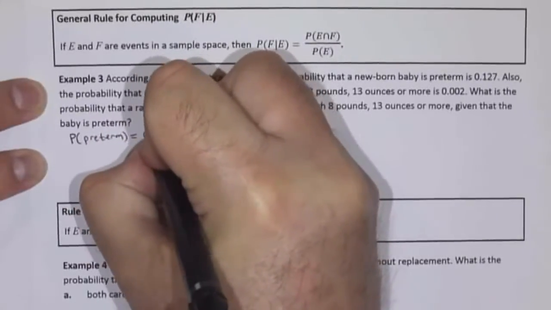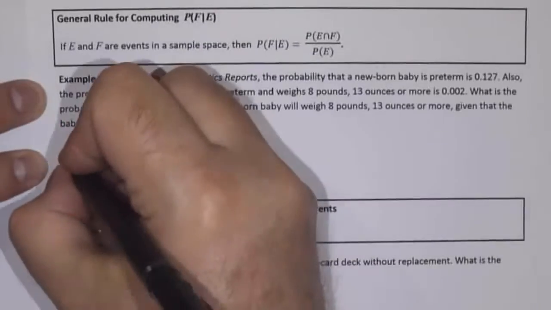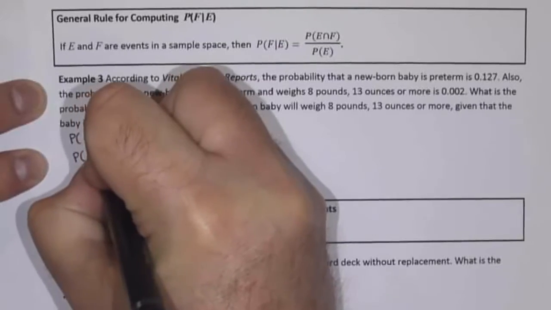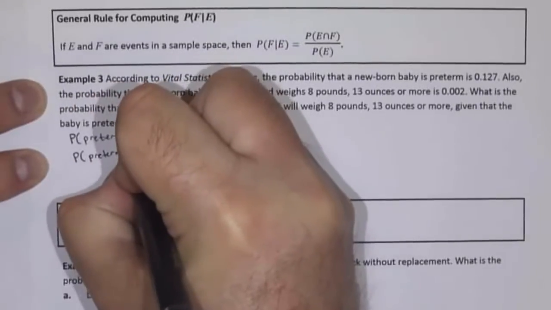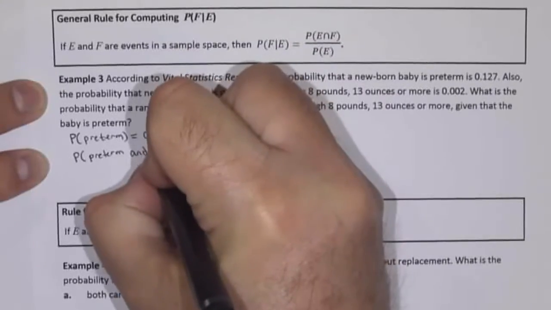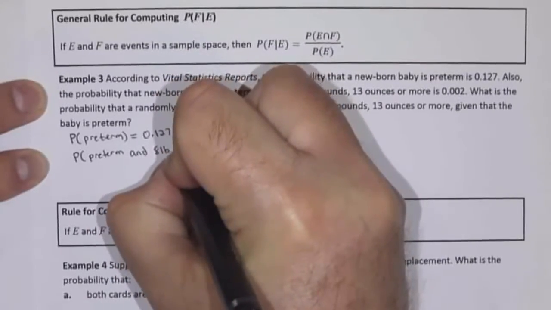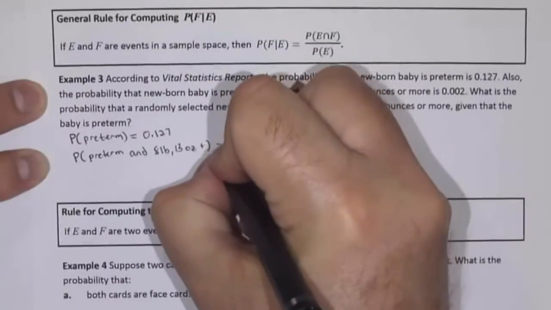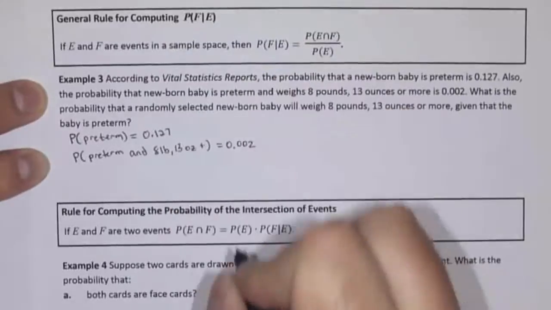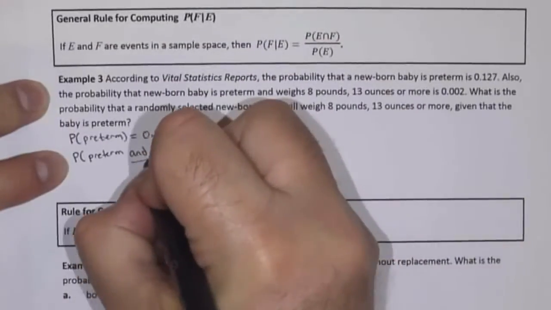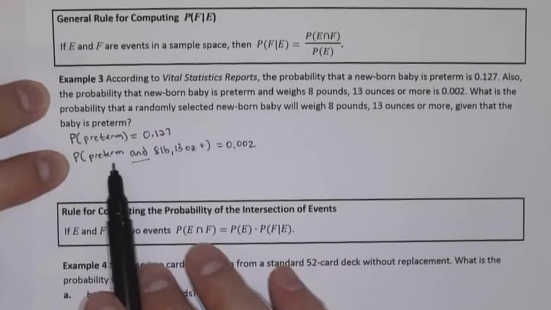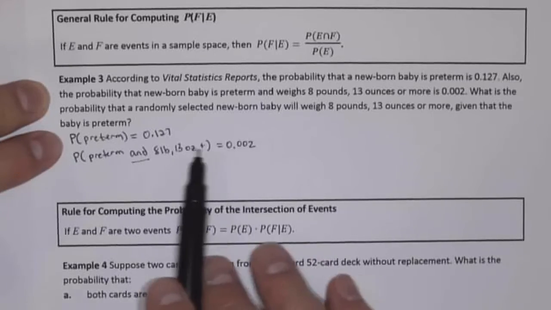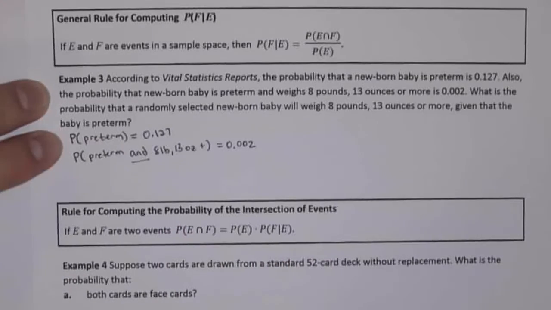So what we're given is that the probability of being preterm is 0.127. And we're given that the probability of being preterm and weighing 8 pounds 13 ounces or more is 0.002. So we're given the intersection. The probability of being both preterm and weighing 8 pounds 13 ounces or more is 0.002, and we're given the probability of being preterm.